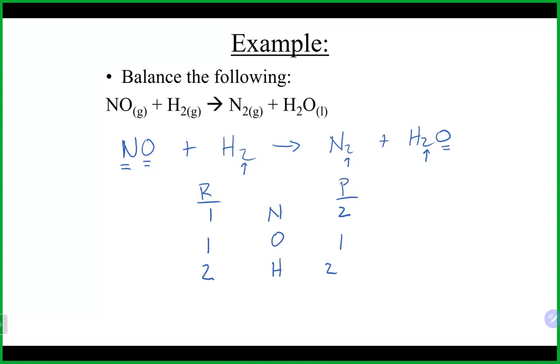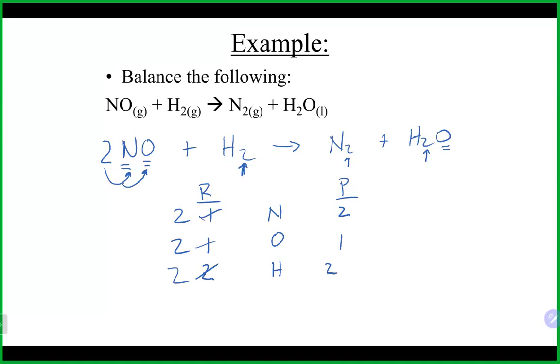So to start there, I need to make the one on the left-hand side a 2. So remember, only coefficients. So I'm going to put the coefficient here on the left. Again, that does go for everything connected to each other behind it. So that would give me now 2 nitrogens. It will give me 2 oxygens, and I still have 2 hydrogens at this point, right?